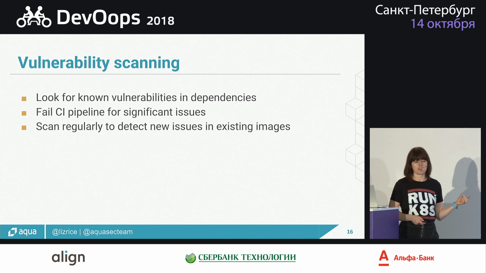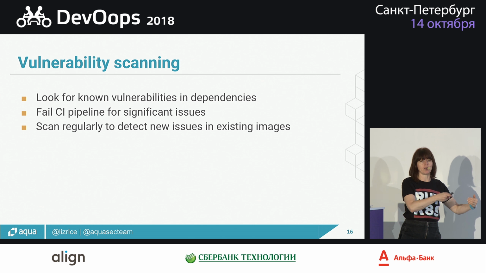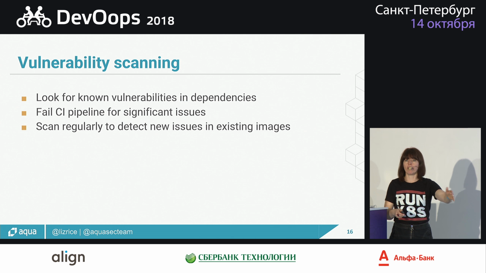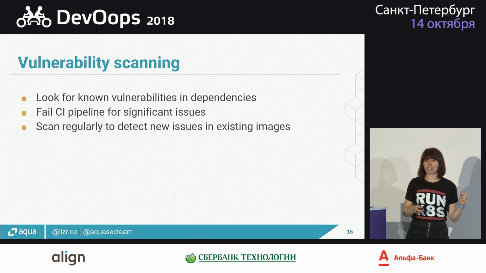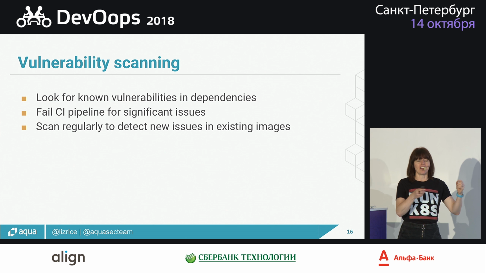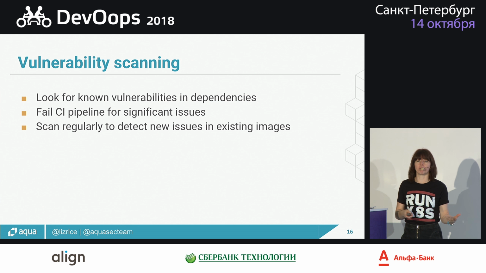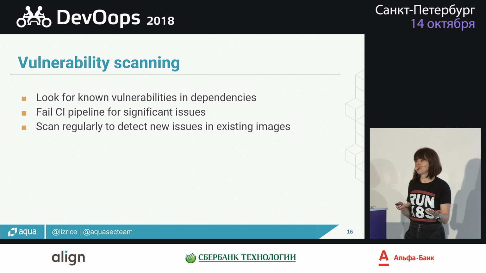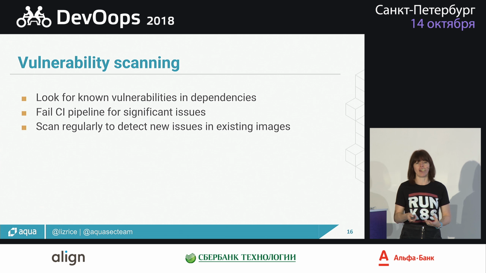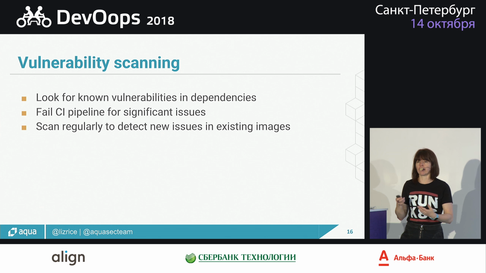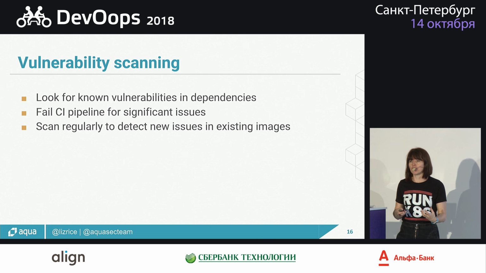We also need to scan regularly. You can't just scan once when you build and then deploy and pretend there's never going to be any other vulnerability. Unfortunately, code can have vulnerabilities in it that just haven't been found yet. There's a whole industry of security researchers out there who are finding vulnerabilities like Shellshock and Heartbleed, Meltdown and Spectre, all these things that we've heard of.